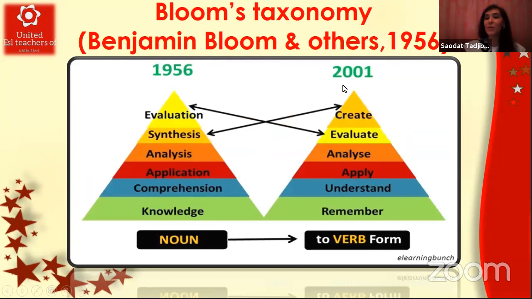However, coming to 2001, some other group of scientists decided to change this taxonomy a little bit, and they transformed nouns into verbs. Now, instead of knowledge, they decided to implement remembering, because it seemed to them that knowledge cannot explain the first stage of implementing the objective here.